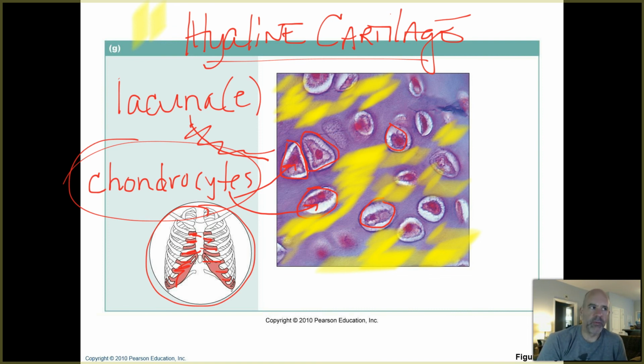That's pretty recognizable, because that's the only tissue you guys have to look at for now where you would see these things that look like eyes, the little lacunae with the chondrocytes on the inside, and then the extracellular matrix looks kind of glassy, almost like purple glass. That makes that particular type of tissue pretty easy to recognize.